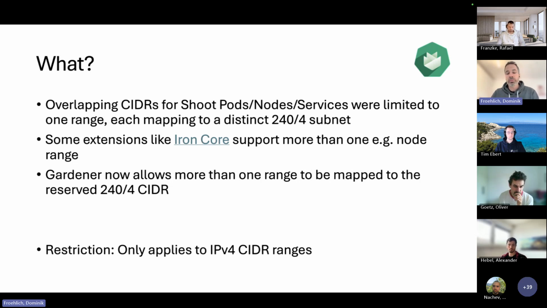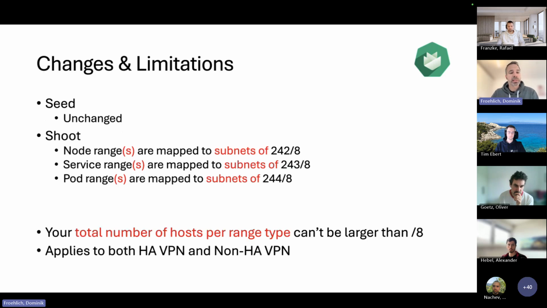Now we have the ability to allow more than one range per each of those. So basically what changes is instead of having just one node range mapped to 242/8, we now have all of the possible node ranges that you have defined mapped to subnets of that range.